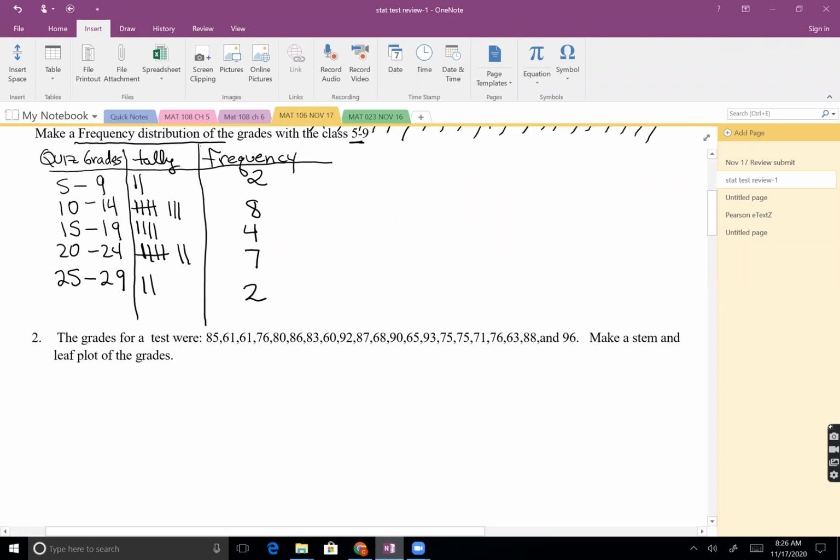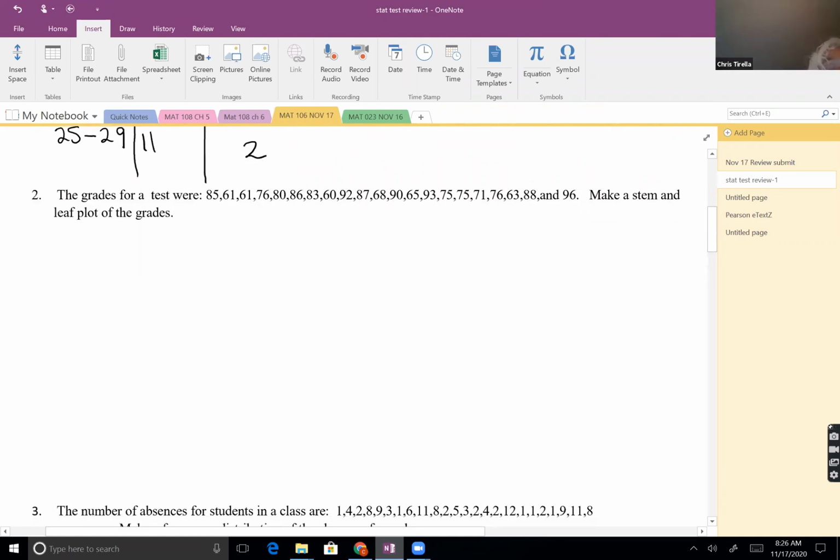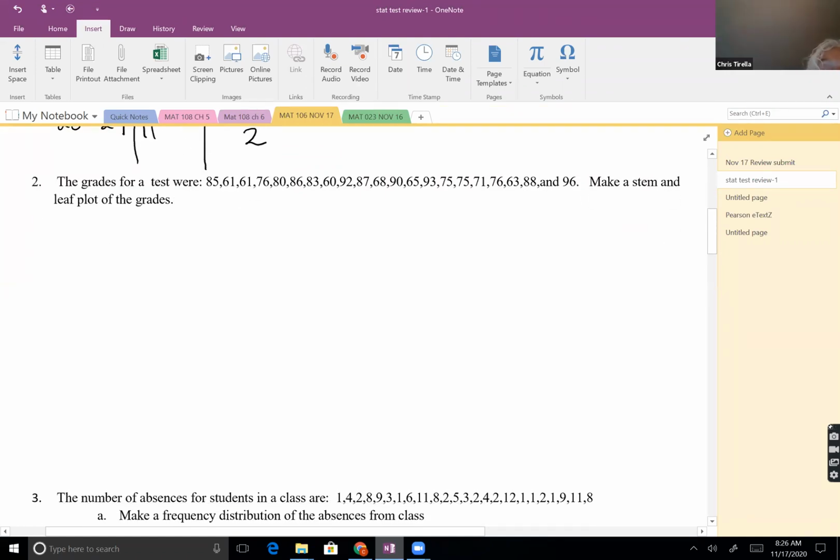Good. Next one asks us to make a stem and leaf plot of the grades. Stem and leaf plot, again, isn't that difficult, but there are some things that you have to do. When I do a stem and leaf plot, every time I make one, I actually make 2.